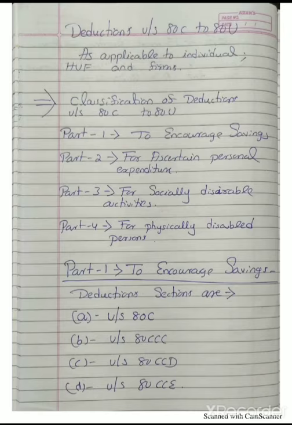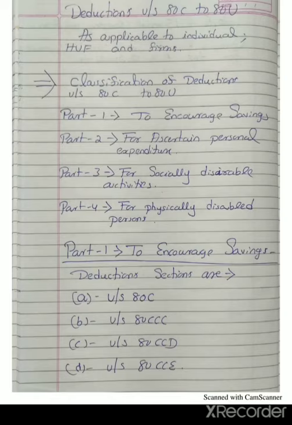The entire set of deductions from 80C up to 80U is classified into four parts. Part 1: some deductions whose main intention is to encourage savings. Part 2: some deductions whose main intention is to meet personal expenditure.